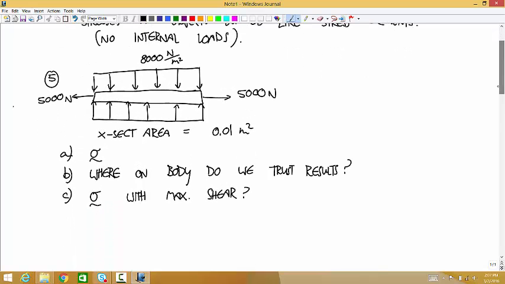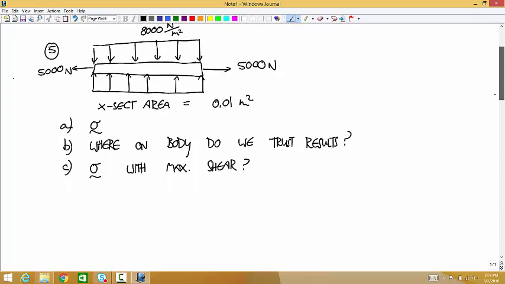Okay, so if we're using a coordinate system like this, then the y normal stress is just equal to negative 8,000 newtons per meter squared, so pascals.